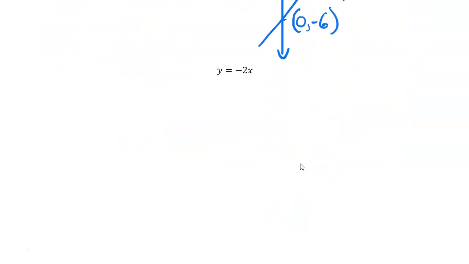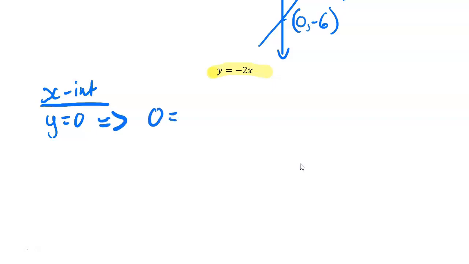I've got y equals -2x. Alright, so first off, let's think about our x-intercept. X-intercept. So make y equal to 0. That implies 0 equals -2x.